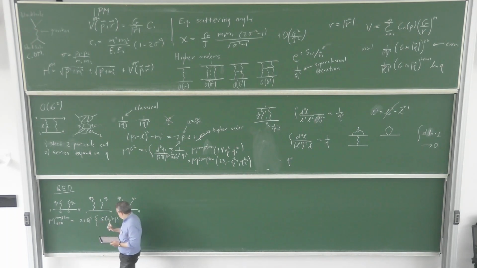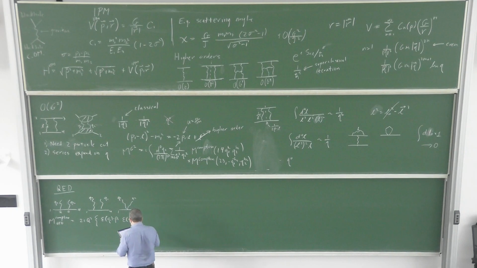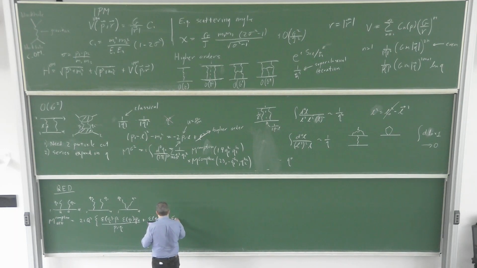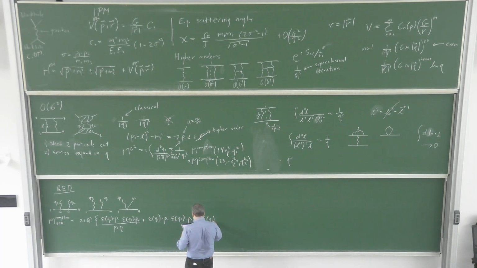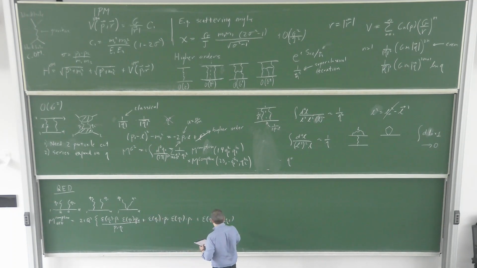Remember, the vertex was a difference of momenta, this minus that, but I'm making use of some on-shell cleaning up. Then P1 dot Q1 plus epsilon of Q1 dot P4, epsilon of Q2 dot P1, plus epsilon of Q1 dot epsilon of Q2. So that's for the contact term, the seagull diagram. And there we have it.